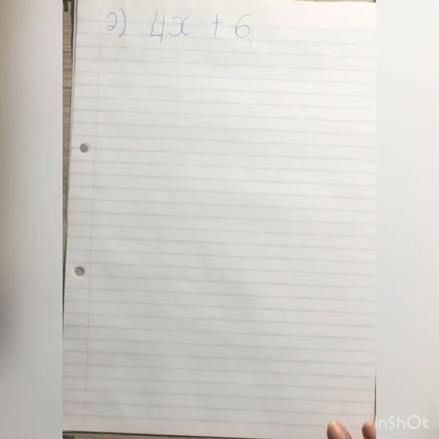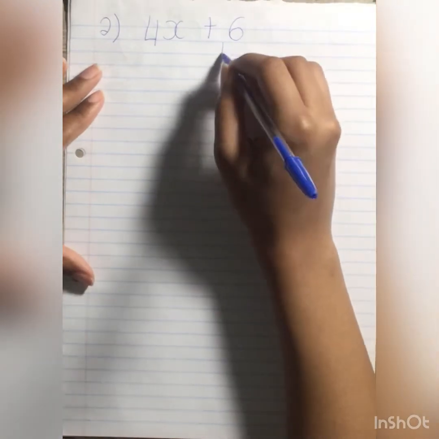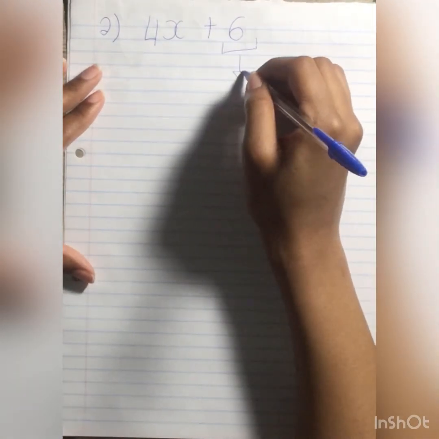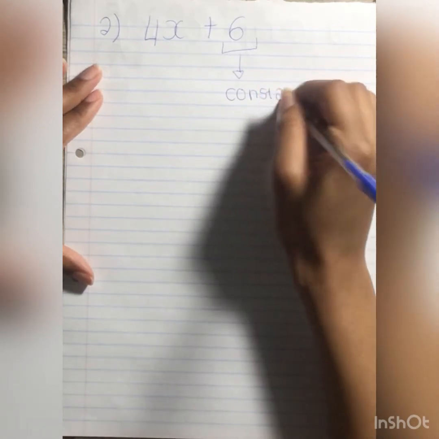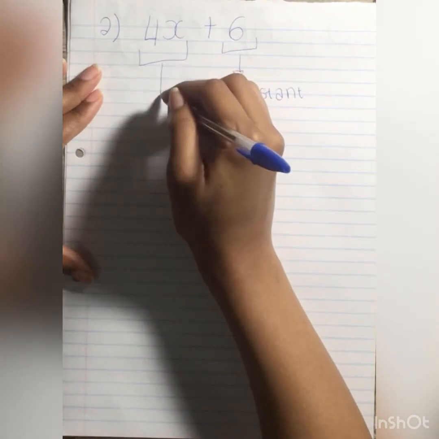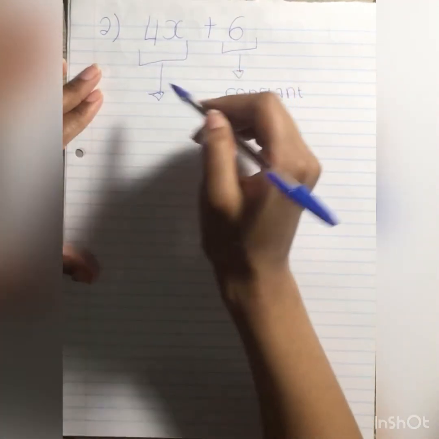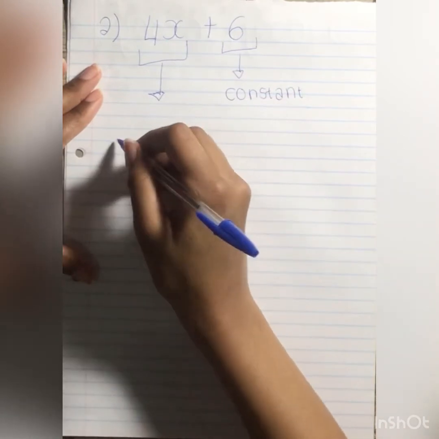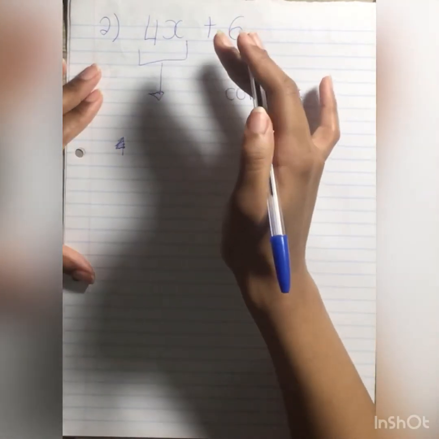We look at example 2, okay? Example 2, we know, has a constant which is 6. So we write here constant, and then we have the term 4x, okay? 4x, right?